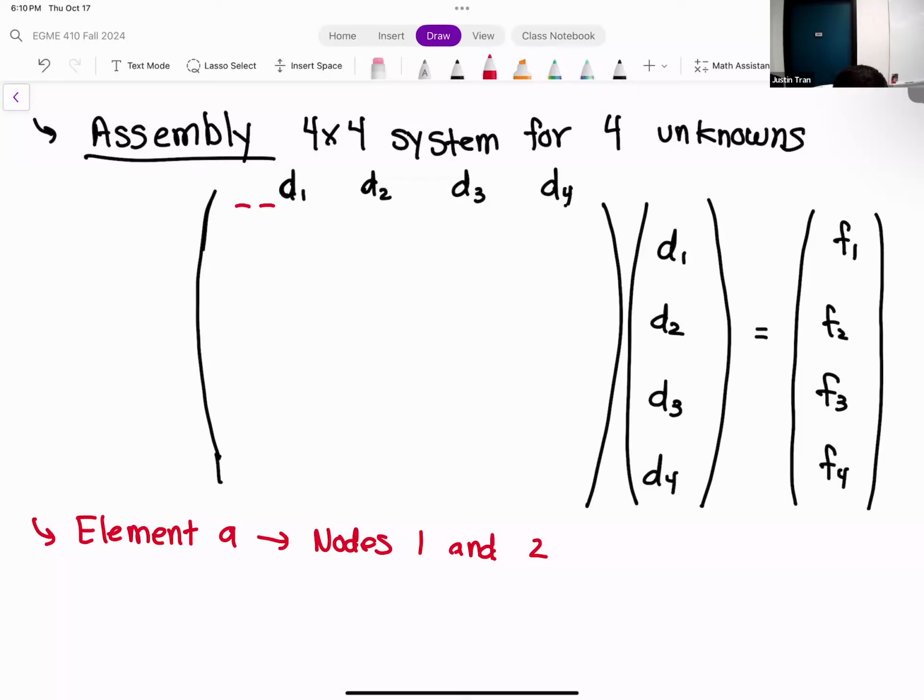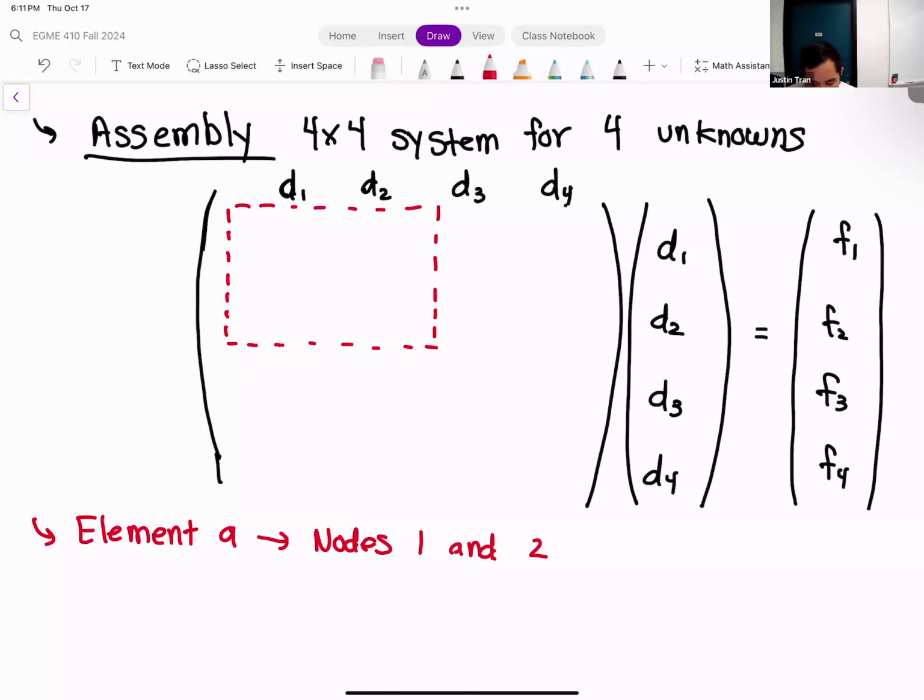That's going to be everything in this section here. We're going to put everything in element A there. And in fact, you can see that we blocked off a perfect 2 by 2 spot.